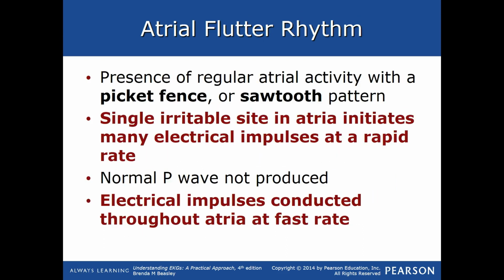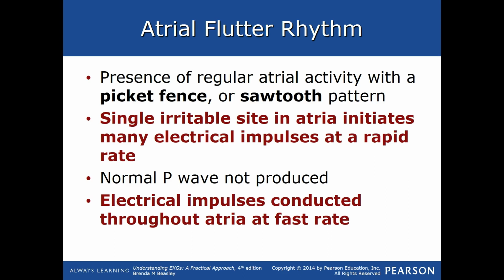So it's a single irritable site in the atria. It initiates many electrical impulses at a rapid rate. So those are different atrial beats that are happening. Whereas before, when we saw that reentry rhythm, we saw 1-to-1, an atrial beat and a ventricular beat.